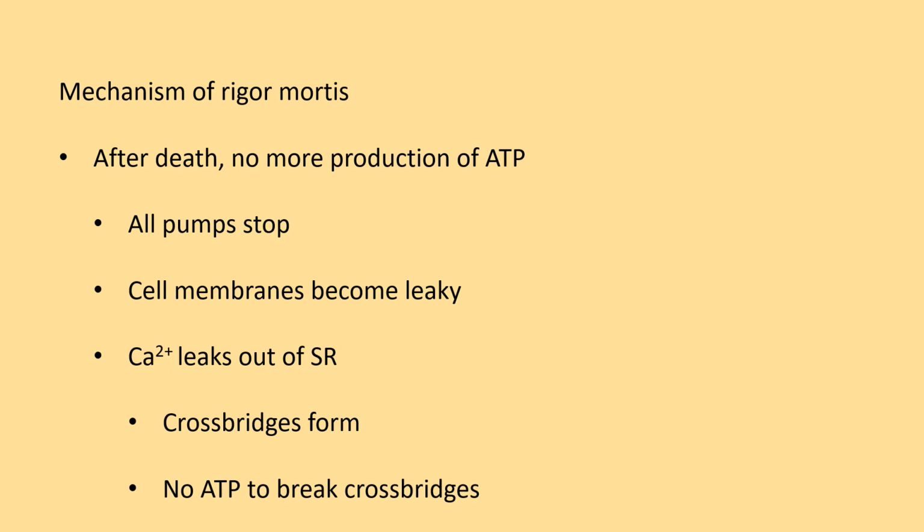Rigor mortis will go away gradually as other membranes leak and protein digesting enzymes go rogue. So there are proteases inside our cells, and these are enzymes that break apart the peptide bonds in proteins. And they're pretty indiscriminate.